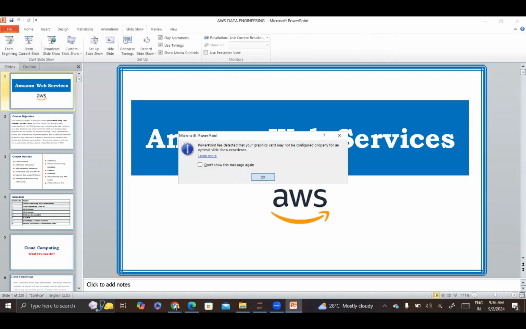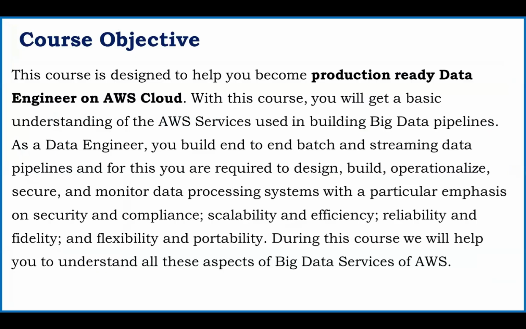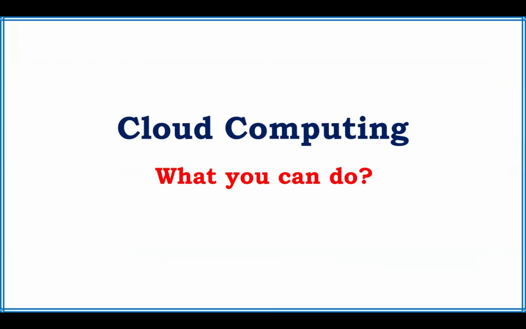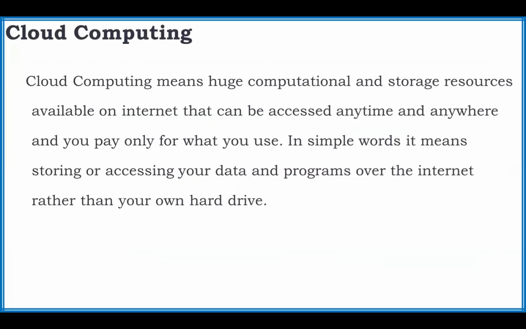Before even AWS, let's understand what cloud computing is. When we leverage storage, computational resources, or anything that we were able to do using our on-premises servers, and we do it on an internet basis, available on demand from anywhere, that is called cloud computing.